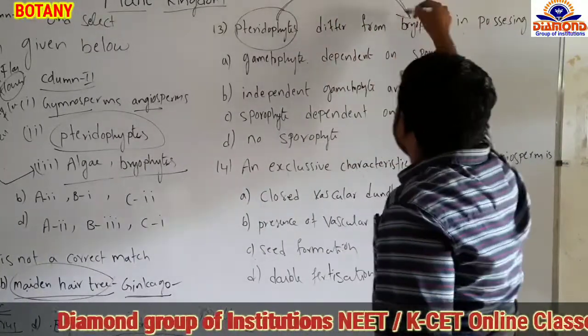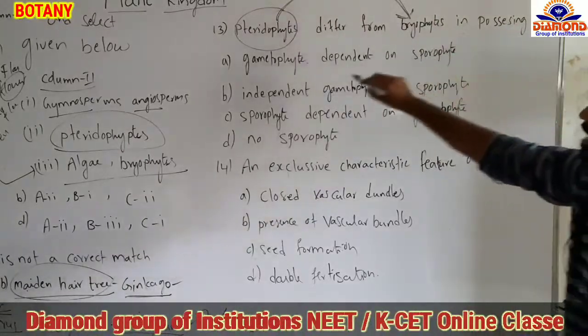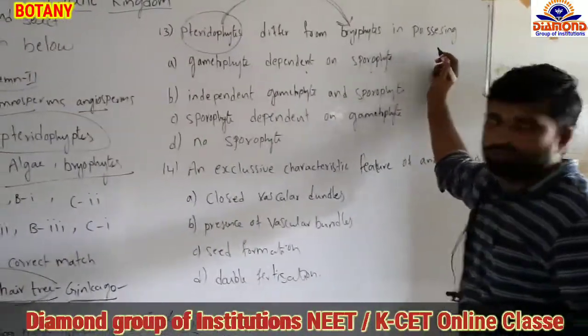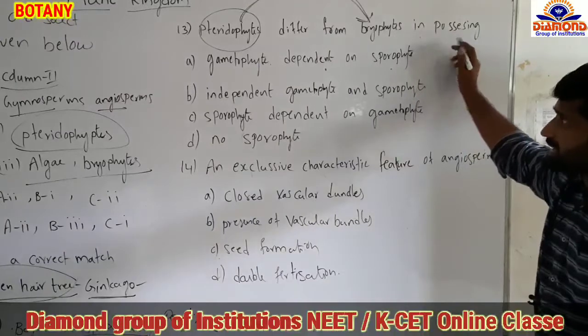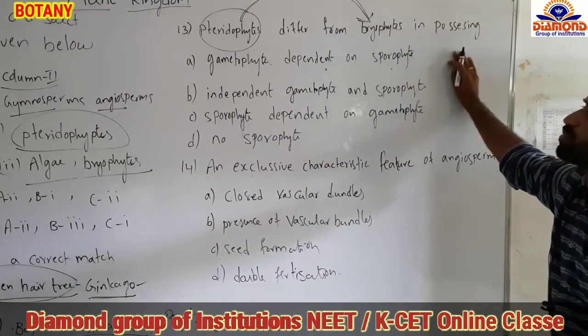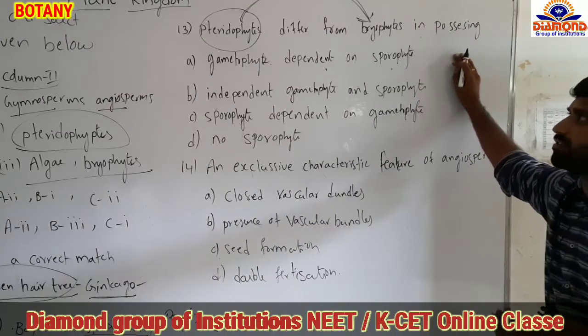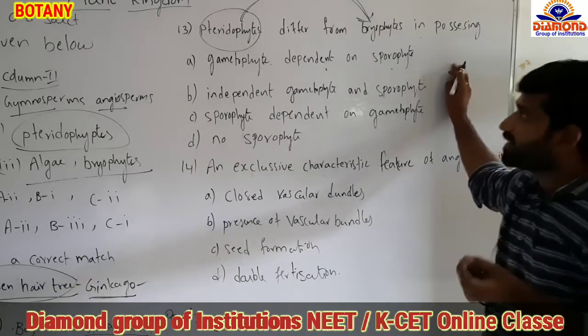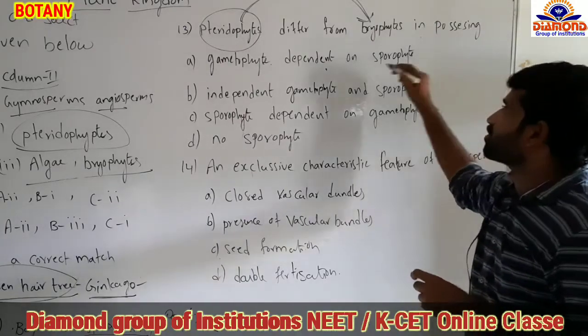Option A says the gametophyte body depends upon the sporophyte body. But in pteridophytes, the gametophyte does not depend upon the sporophyte body.